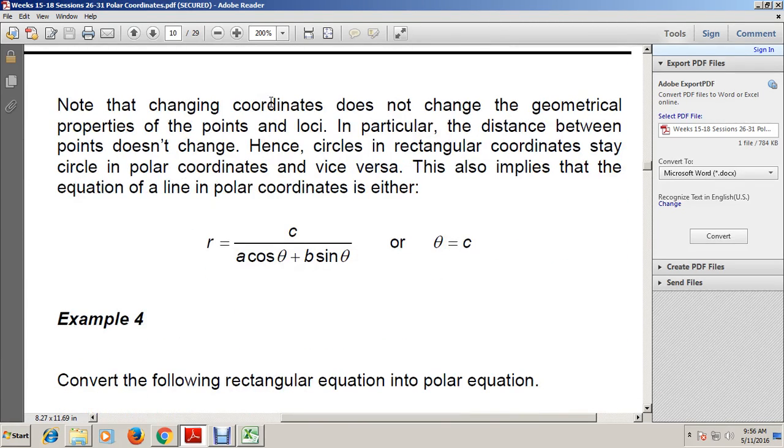Okay, note that changing coordinates does not change geometric properties of the points and the loci. In particular, the distance between points doesn't change, hence circles in rectangular coordinates stay circles in polar coordinates and vice versa. This also implies that the equation of a line in polar coordinates is either r is equal to c over a cosine theta plus b sine theta, or simply theta is equal to c.